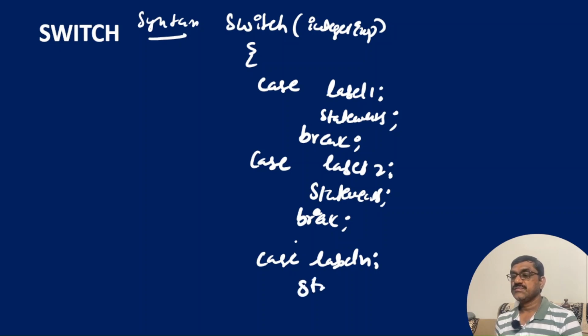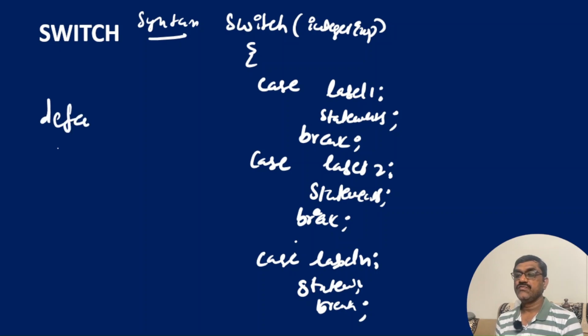So you write some statements. After that, semicolon, you write break. The last option, you write default colon and you write some statements. And here there is no need to write the break, just go for the closing brace.